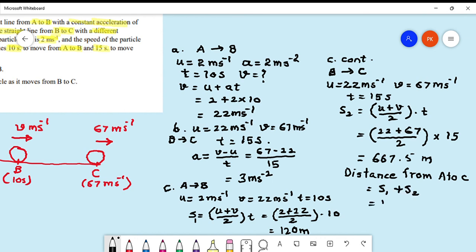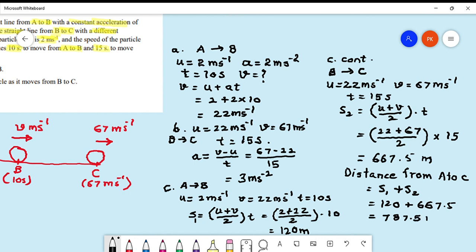So 120 plus 667.5, which comes out to be 787.5 meters.